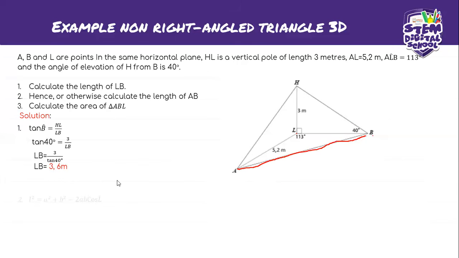Now let's see. Oh, they are now using what? They are using the cos rule. Why are they using the cos rule? Let us go and see why they have used the cosine rule. Now look at here. We have the length LA, which is 5.2 meter. We also have the angle here at L, and then we have the side LB.